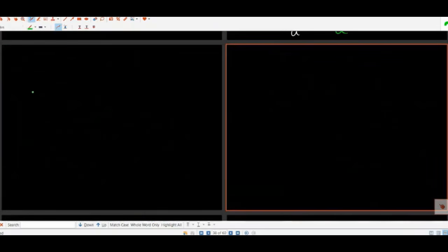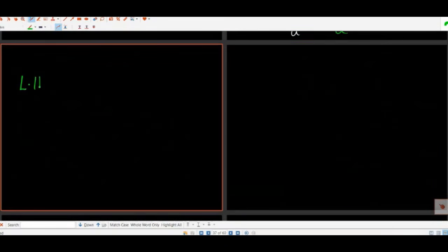A limit will exist if the left hand limit equals the right hand limit. Then we can say the limit exists. You will understand if I show you one example, but here, please try to understand the theoretical part.